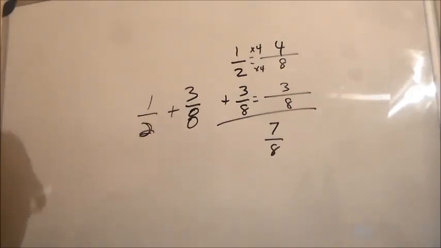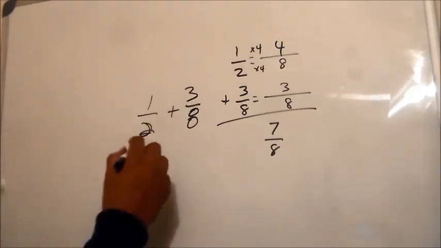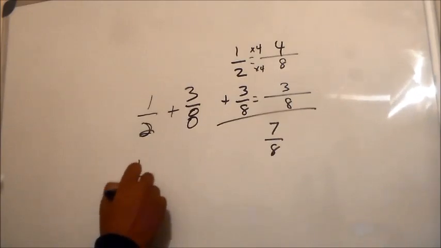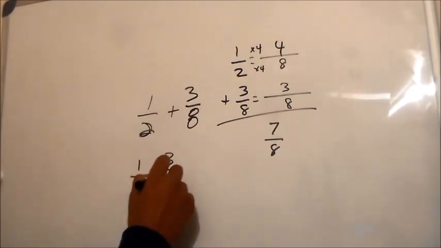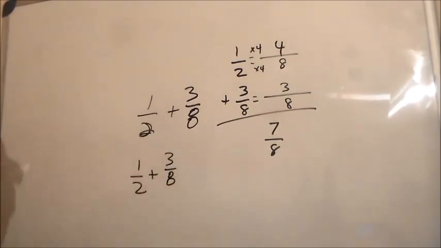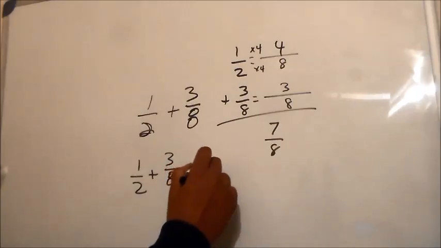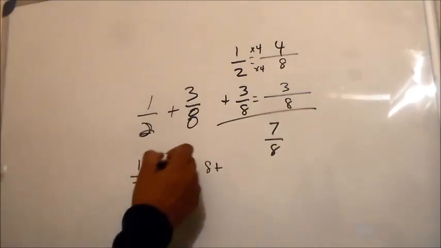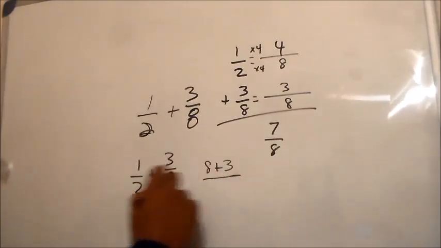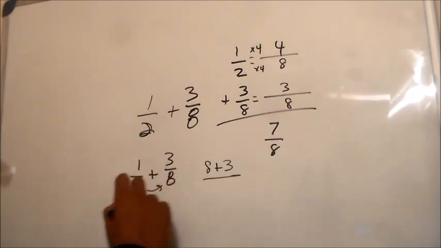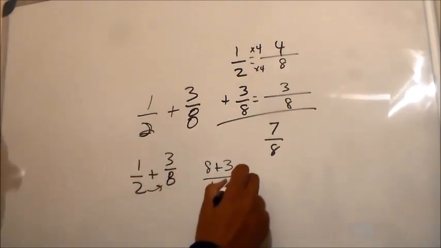That's a lot. I have a quicker way of doing it. I would just say 1/2 plus 3/8. I use a method called cross multiplying the denominators and numerators. So 8 times 1 is 8, plus 2 times 3, and then the bottom, 2 times 8 is 16.